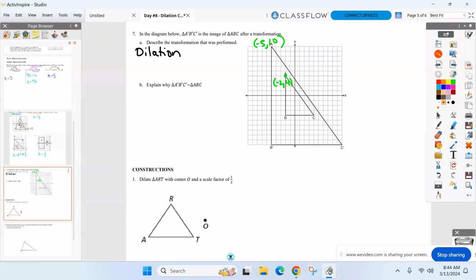So we're going to add to part A here in a second once somebody finds the scale factor. So it's a dilation with... All right, what is that scale factor here?